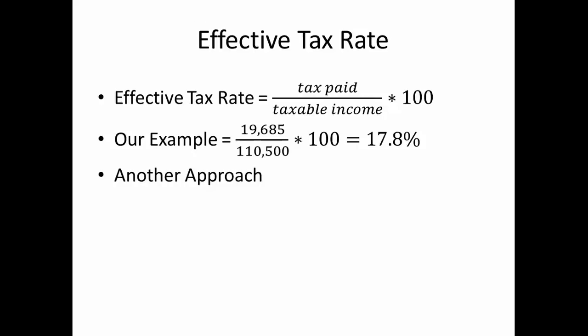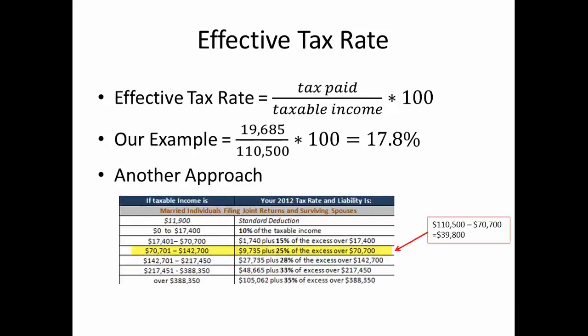Another approach that you can see online sometimes, and in some accounting books, is to look at the table, which is created a little bit differently. They try to simplify the work for you. They just have you find where you are in the taxable income. We had a taxable income of 110,500, so we were in the third row of the table.